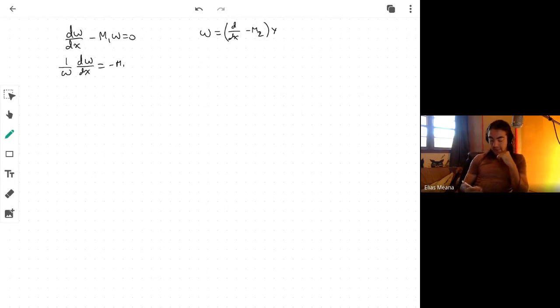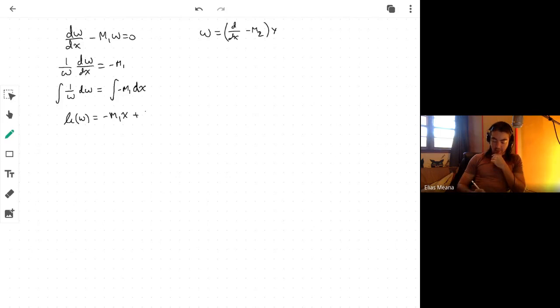And then, of course, integrating here, we end up with an omega integral on the left-hand side and an x integral on the right-hand side. Which is easily solved to be natural log of omega equals minus m1x plus c.